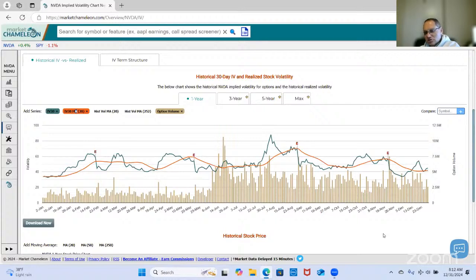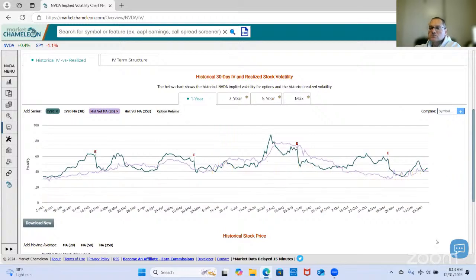And to do that, we could overlay it with our next slide. So I'm going to take off the 20-day moving average of the implied vol, and let's look at the 20-day moving average of the historical vol. That's the purple line. Let me see if you could see better if I remove the options value. All right, so now we have these two lines here.